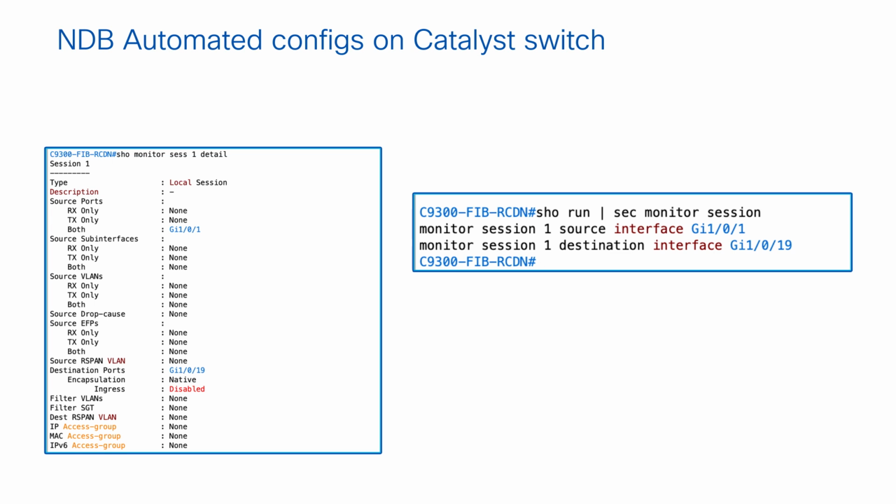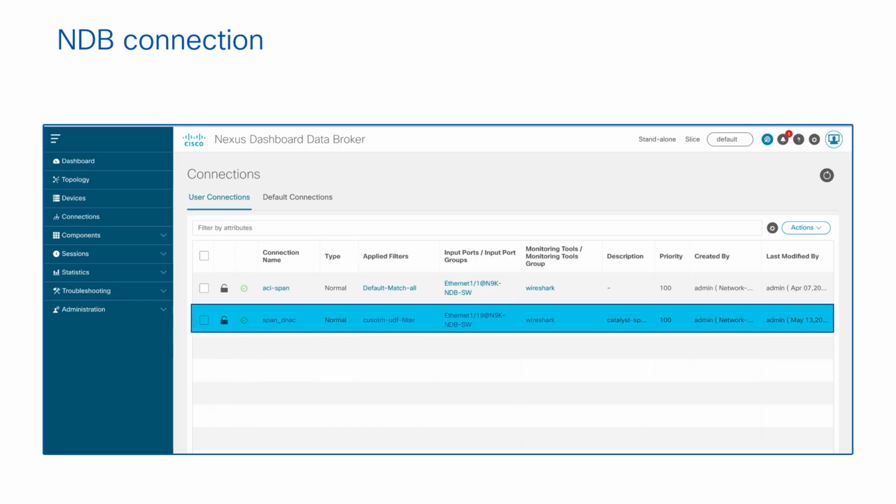As you can see, the NDB controller automated the span configurations on the catalyst switch. Now, once we stitch these two paths together, the NDB controller went to the catalyst switch and automated the configuration, and the copy traffic from the catalyst switch is coming to the NDB.